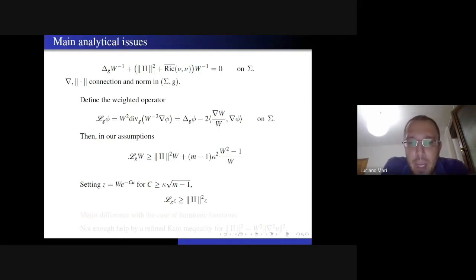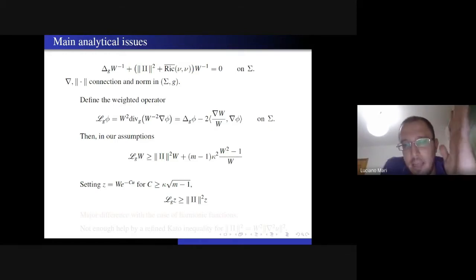First line, the Laplacian is the Laplacian on the graph. The potential term contains the second fundamental form squared, plus overline Ricci of nu. Overline Ricci is the Ricci curvature of M cross R, of the ambient space.